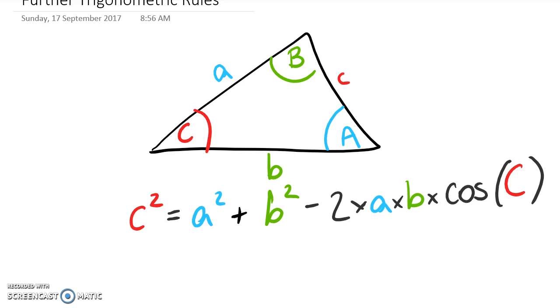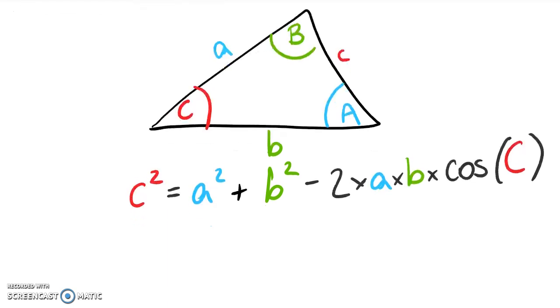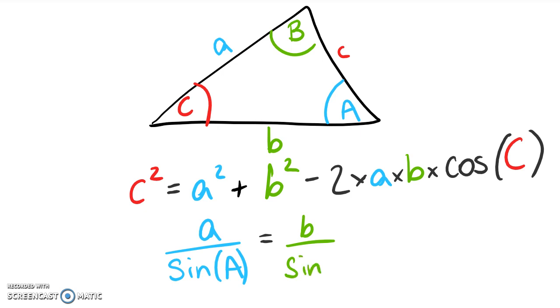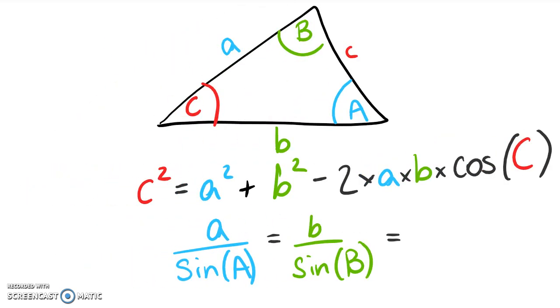Okay, the other one that we need to remember is the sine rule. Now the sine rule states that a on sine A equals b on sine B equals c on sine C. So that's the sine rule.